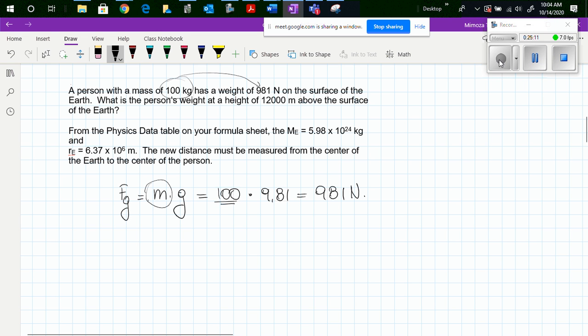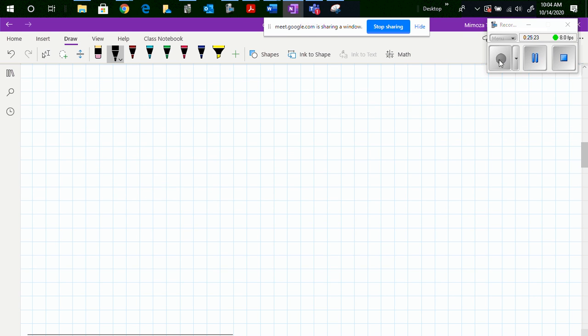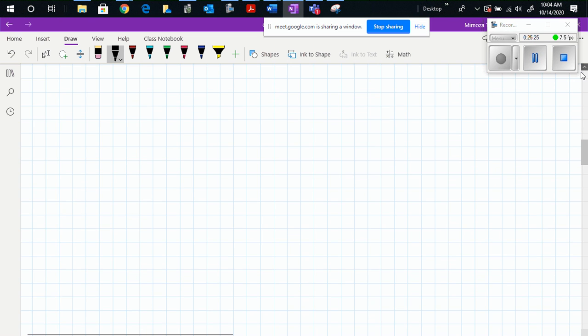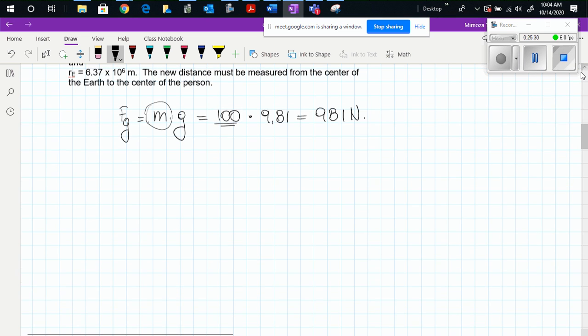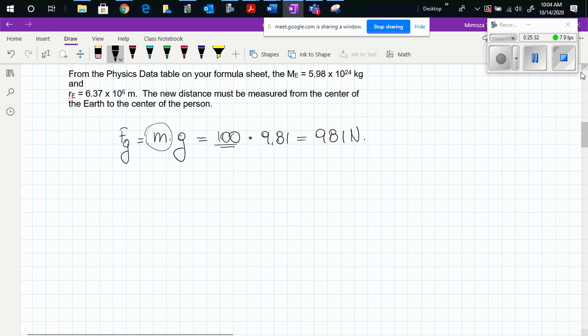What is a person's weight at a height of 12,000 meters above the surface of the Earth? Now, I have here even a note saying what the radius of the Earth and the mass of the Earth are. But if we draw a situational diagram, then this will be the Earth, and here is the center of the Earth.